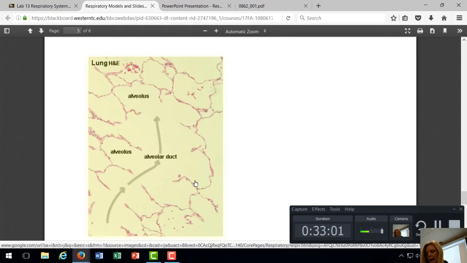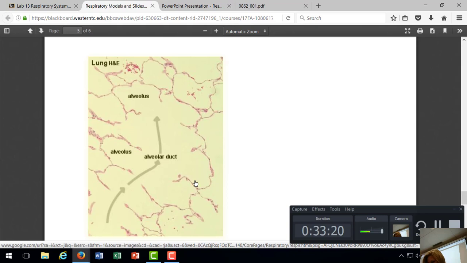You could be asked, from what organ was this taken? If you see all simple squamous epithelium, then you know that's the lung. The organ is the lung. If he says, name this tissue, then we're looking at simple squamous epithelium.